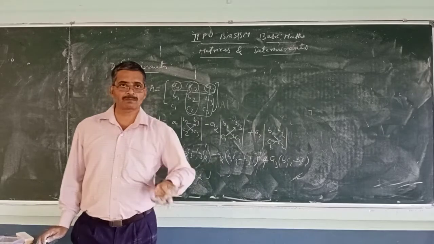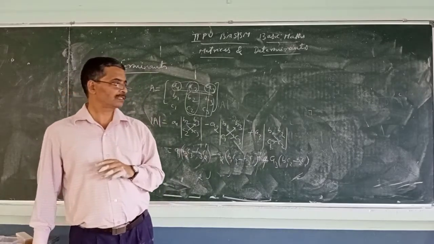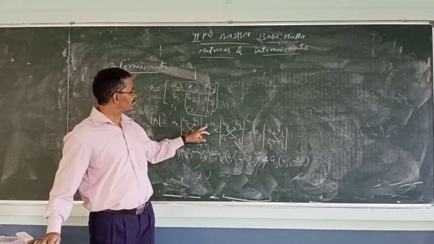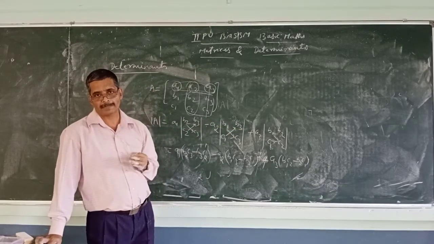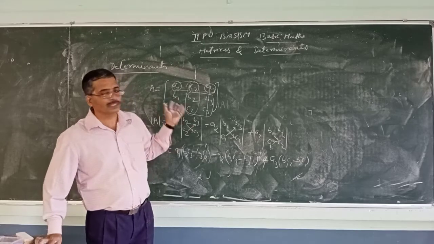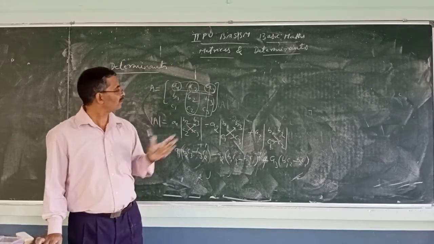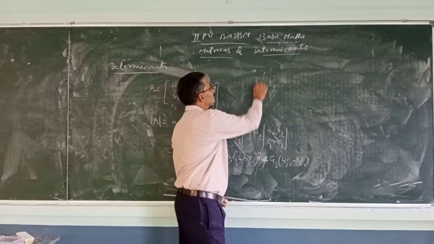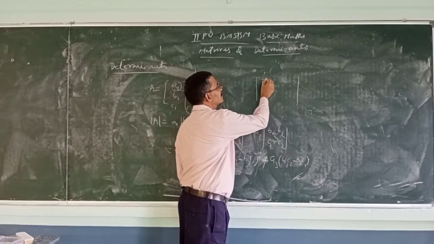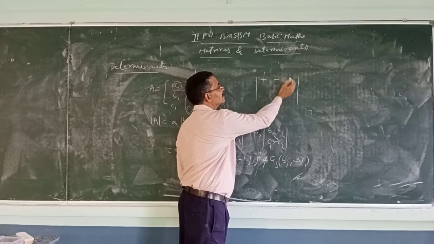Now you may have some questions. How will you know whether it is a minus sign or a plus? It is simple. If you take any matrix of order 3 by 3, the easiest way to remember is like this: plus, next minus, plus.